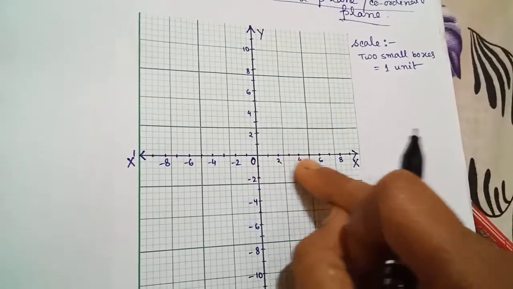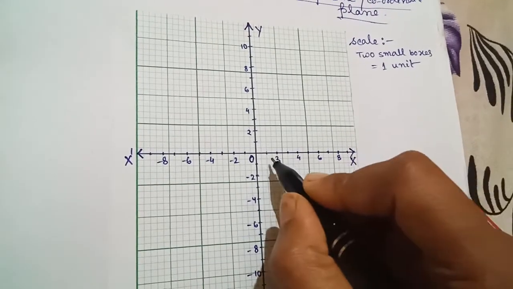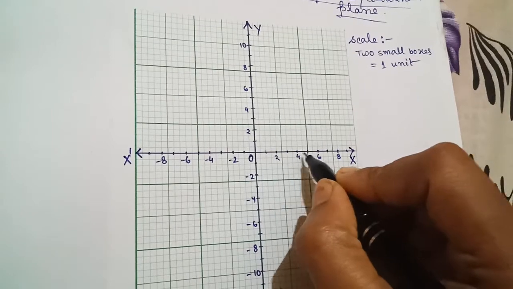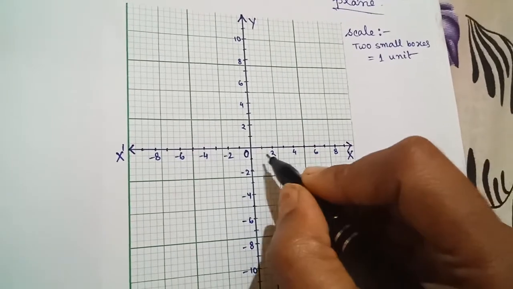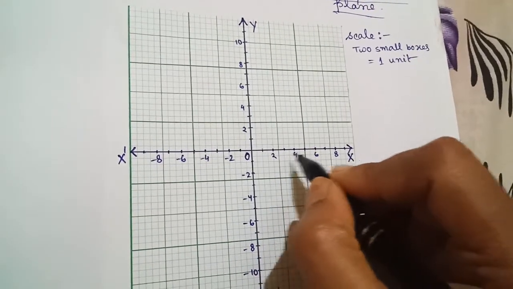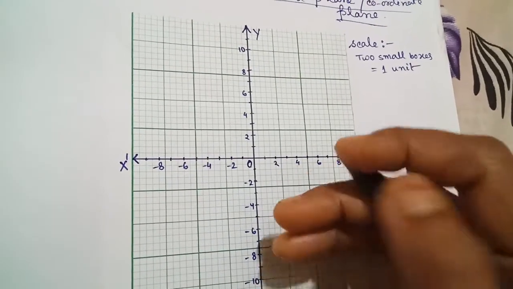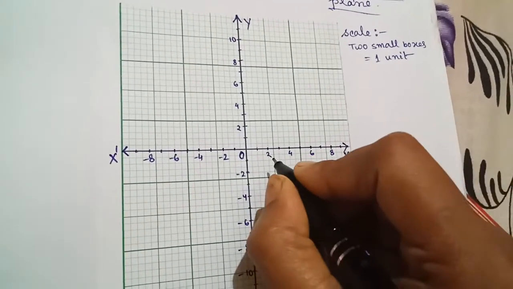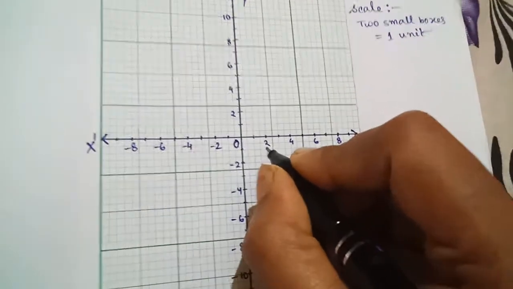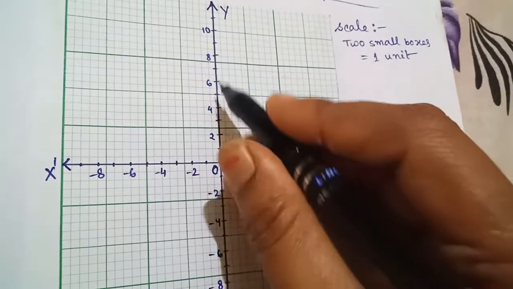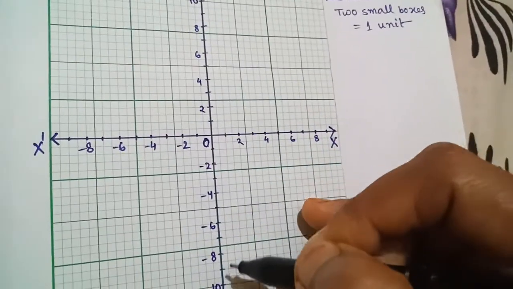As this side is positive x-axis, so I have written, look, 1 2 3 4 5 6, like this. So I haven't written the odd numbers because it is quite properly visible, it's properly understandable. So I have only written the even numbers, 2 4 6 8, like this side positive, this side negative, this side negative.